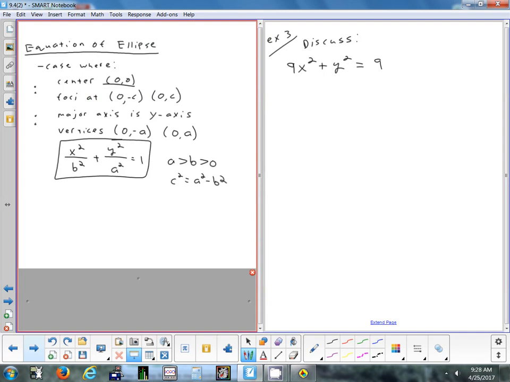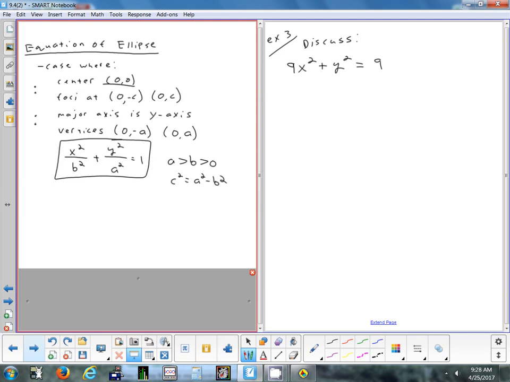No. What's wrong with it? Well, the x's and y's are both squared, so that's okay. That's still an ellipse. But something is very wrong with that equation to look like this one. It doesn't equal 1.